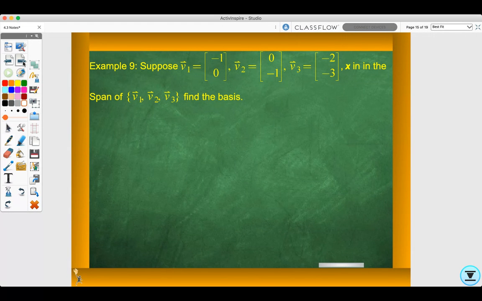So let's look at example 9. Suppose that v1, v2, and v3, and x is in the span of v1, v2, v3. Find the basis.